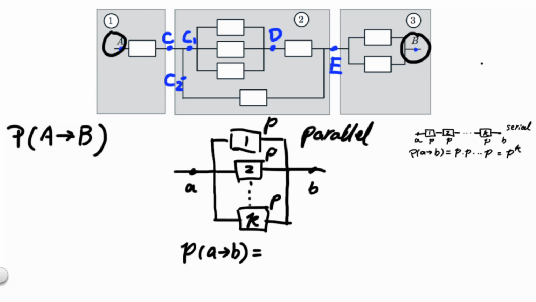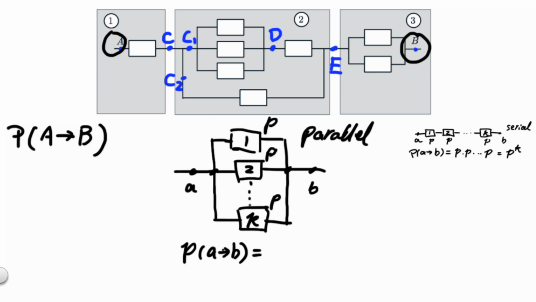Now the second useful structure is the parallel structure. Here again we have k components, 1, 2 through k, but this time they're connected in parallel to each other. Namely, they start from one point here and end at another point here, and this holds for every single component. Now for the parallel structure to work, namely for there to exist a good path from A to B, it's easy to see that as long as one of these components works, the whole thing will work.